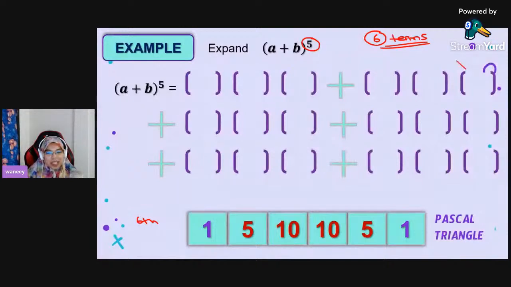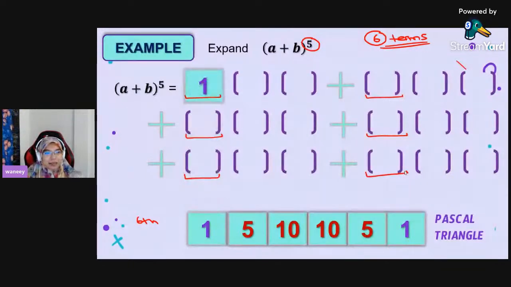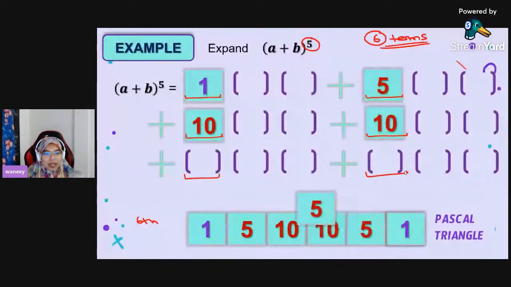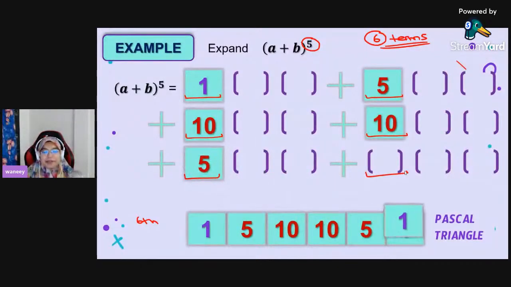We are going to take each coefficient to go in the term. So the first bracket is for the coefficient. We are going to simply copy down the coefficients: 1, 5, 10, 10, 5, 1.